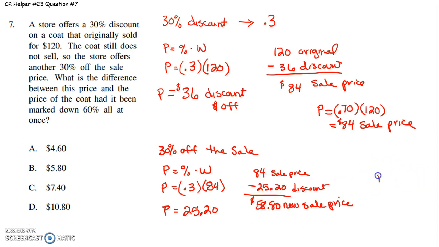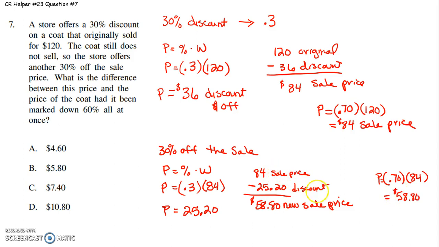I could have done that in one step by saying the new sale price would be 70%. If I'm taking another 30% off, I'd still be paying 70% times 84. So if you did 0.7 times 84, it's just another way to go about the problem. You'd still get $58.80.